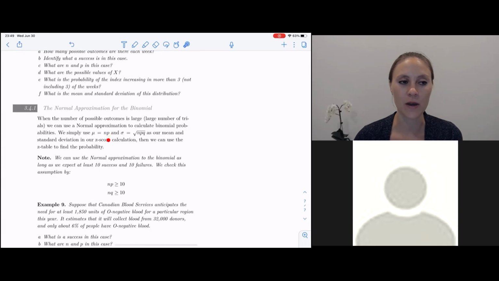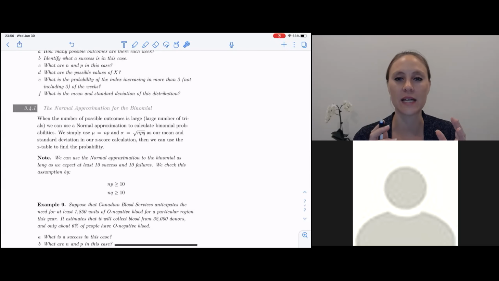So to check that I'm expecting at least 10 successes, I take n times p, the number of successes I'm expecting, and make sure it's more than 10. Then I also have to check that I'm able to get at least 10 failures out of this n, so n times q also has to be larger than 10.